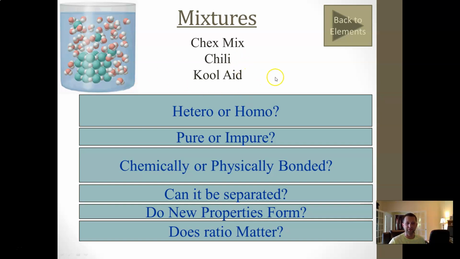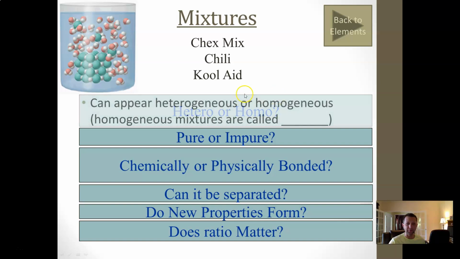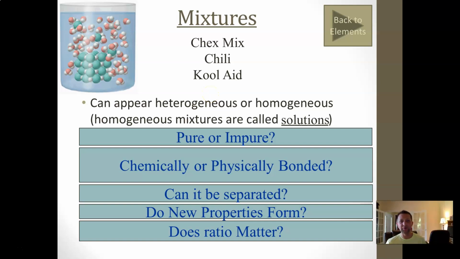So mixtures are going to be heterogeneous, with the exception of a certain type of mixture, which can be homogeneous. Homogeneous mixtures are actually called solutions. And the example up here that's a solution is Kool-Aid. Once you make the Kool-Aid, and it's fully mixed, and your solution's made, it's all the same throughout, right?